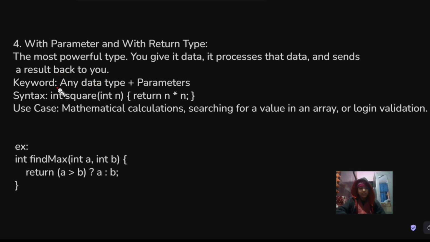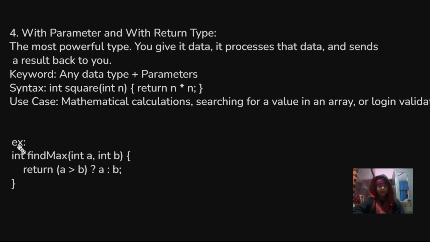Its keyword is any data type plus parameter, meaning the return type is anything, instead of void, and the parameter can also be any type: integer, string, double. Its syntax is int square(int num), meaning its return type is integer, and its parameter is also an integer, and it returns the square of the number. The use case is mathematical calculation, searching for a value in an array, or login validation.